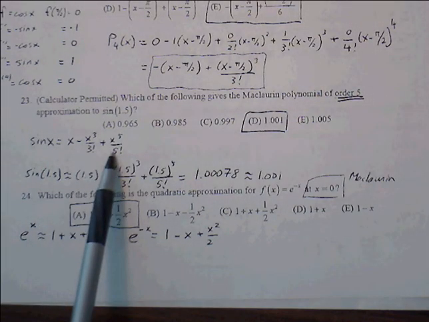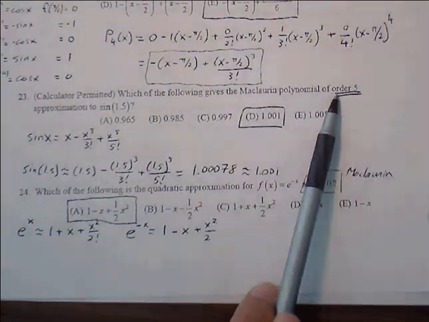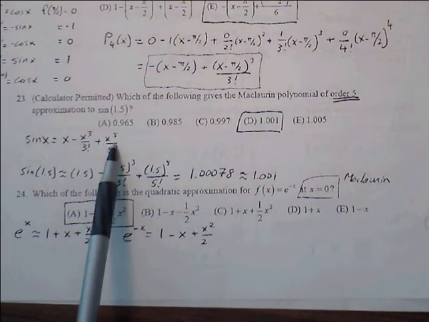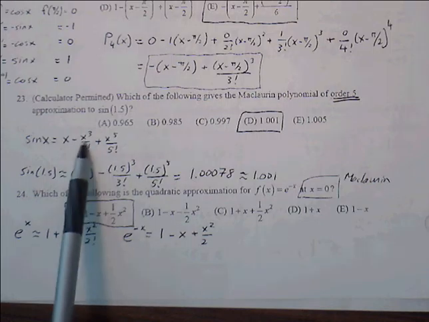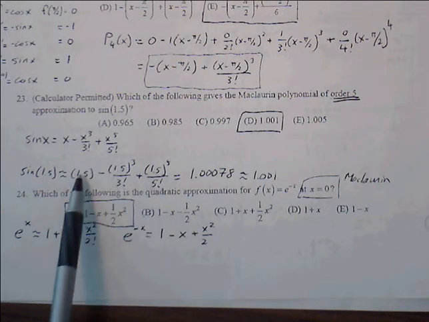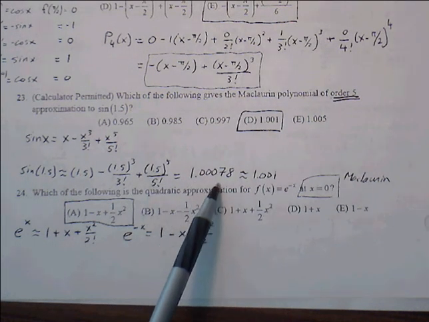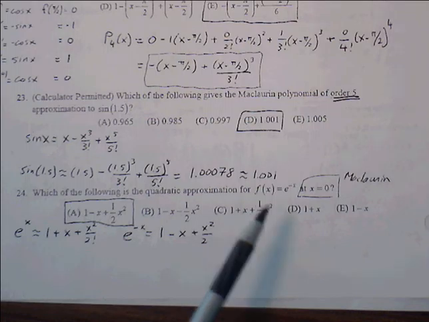Remember, this is not 5 terms, this is asking for the 5th degree, so we're stopping at the 5th degree, 5th order. Now we have our Maclaurin polynomial. We just plug in 1.5 for each of the x's and use our calculator to find the approximation. So 1.00078, which is approximately 1.001.